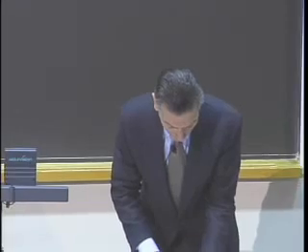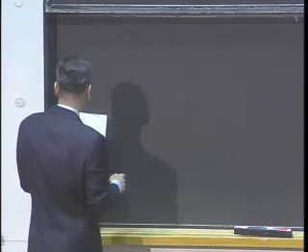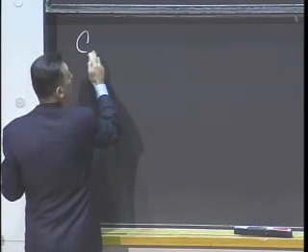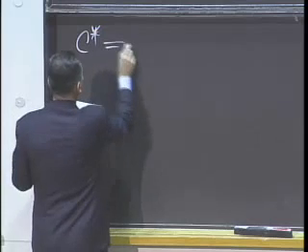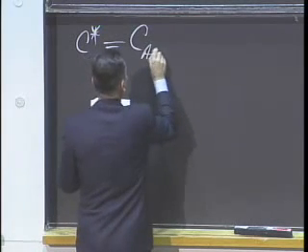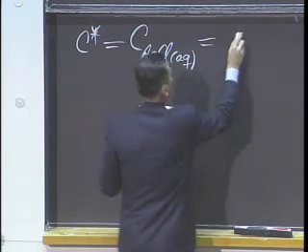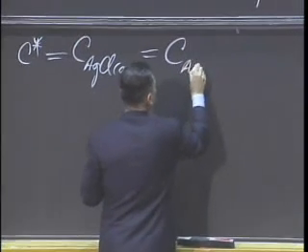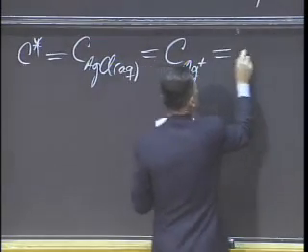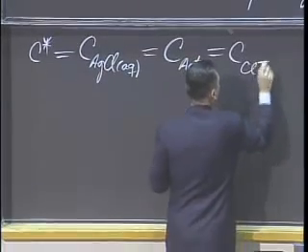Now, we can then compare the solubility with the solubility product in the following manner. We can say that the saturation solubility is really equal to the concentration of silver chloride dissolved, which Arrhenius has told us is really the concentration of silver ion, which is equal to the concentration of chloride ion.